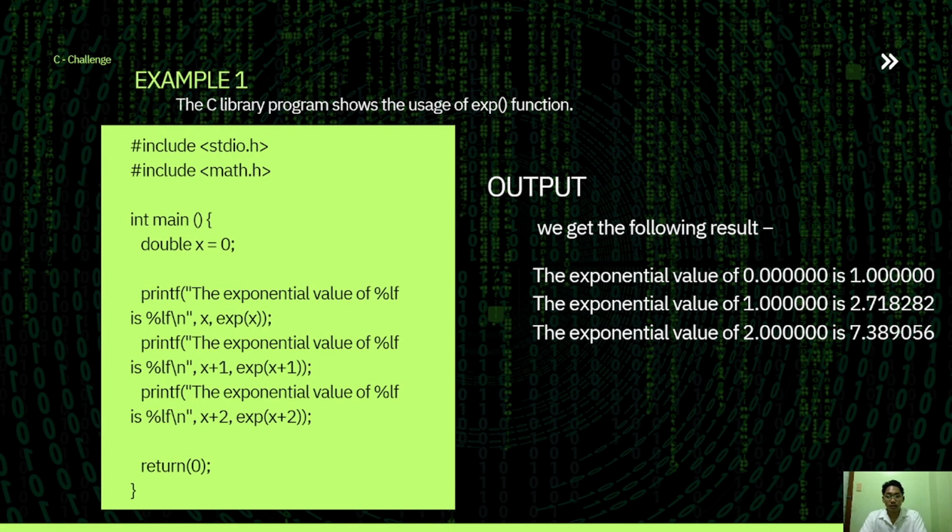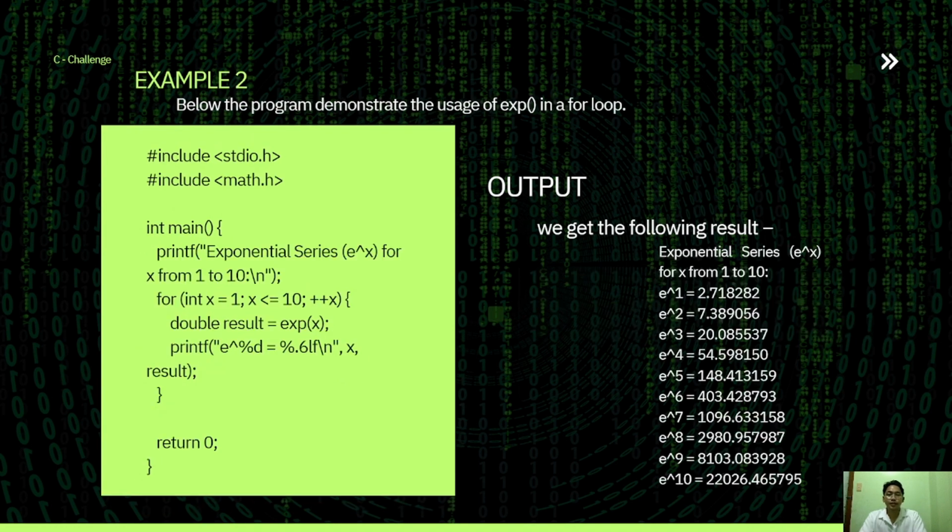Then for x plus 1, the value is 2.718282, and the exponential value of 2, since x plus 1 is written in the code, is 7.389056.